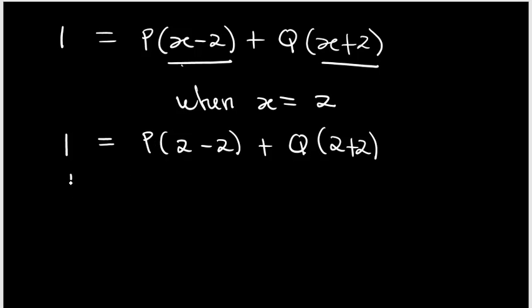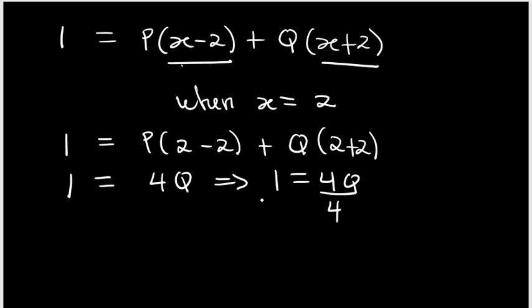So we will be having 1 being equal to 4q. So we want to solve for q. So what are we going to do? We are going to divide both sides by 4. Okay, so we are going to have 1 over 4 being equal to q.